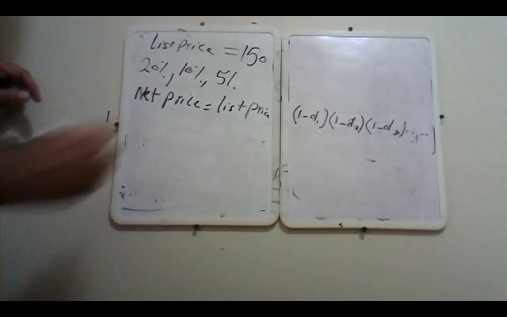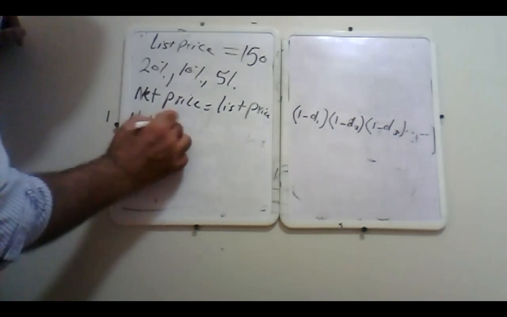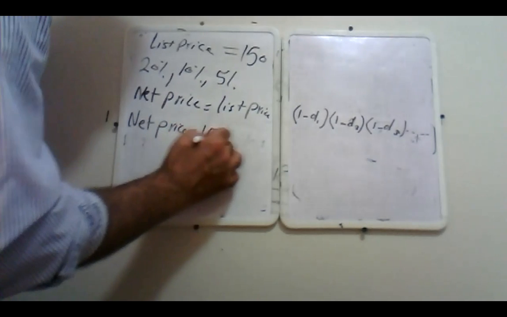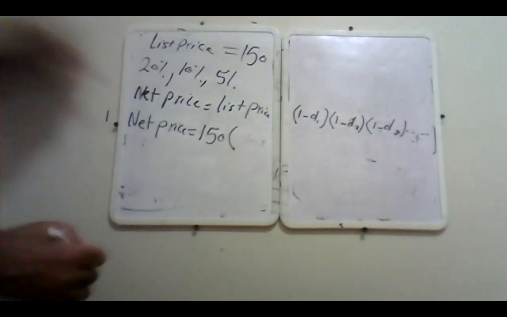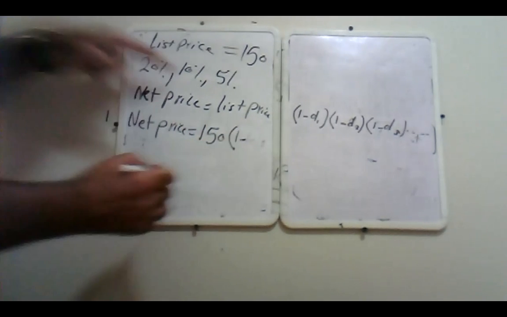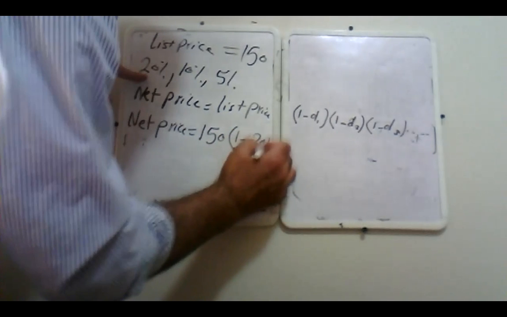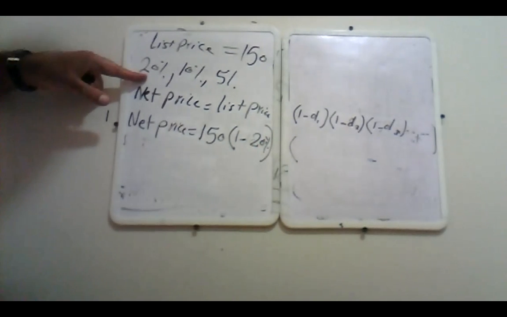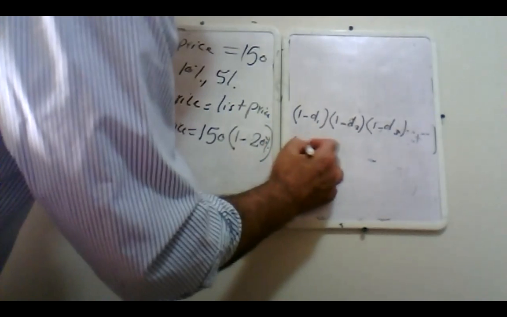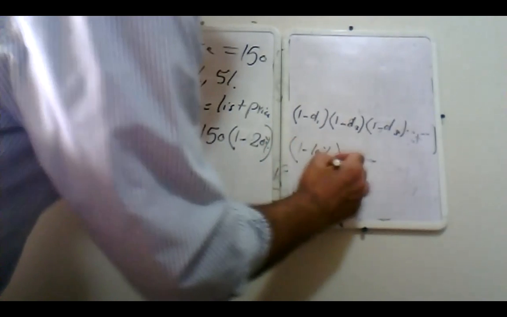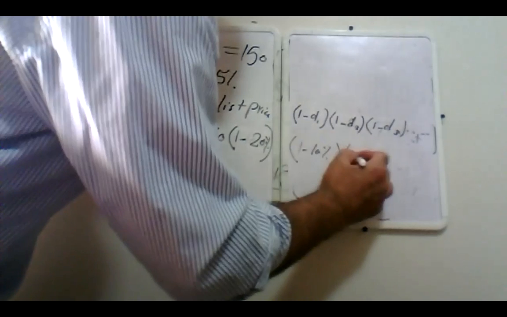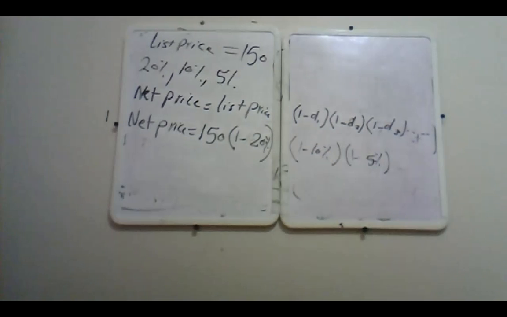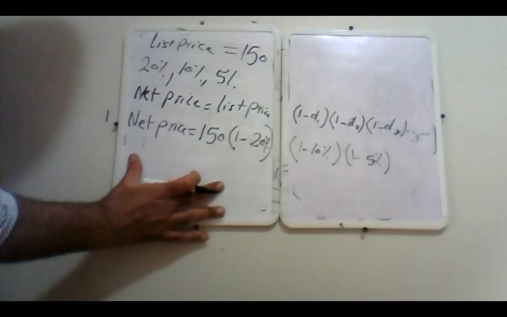Then let me say the net price here will be the list price, which equals $150, multiplied by 1 minus the first discount of 20%, multiplied by 1 minus 10%, multiplied by 1 minus 5%. Let me solve it in this part, it will be easy now.